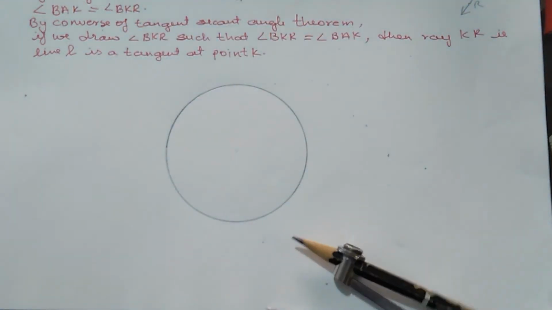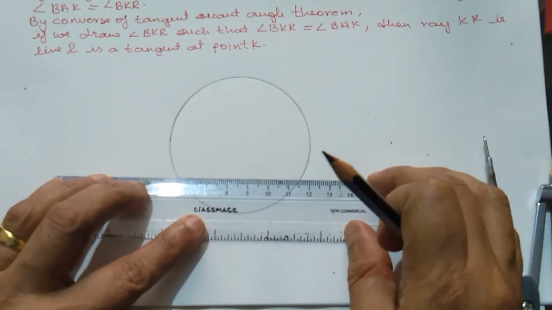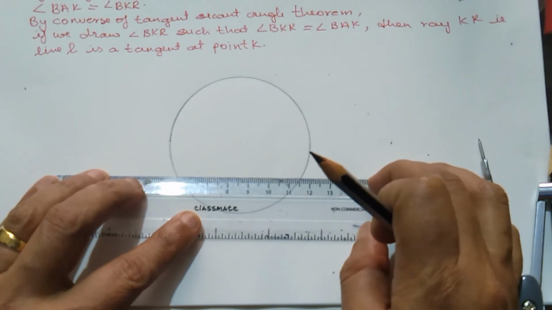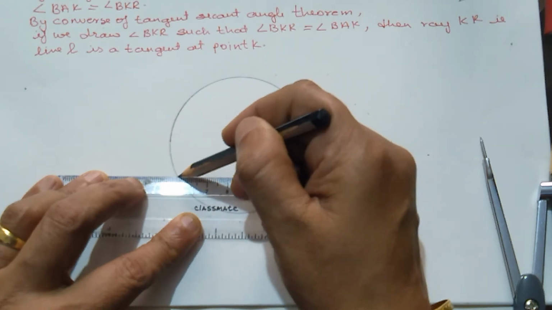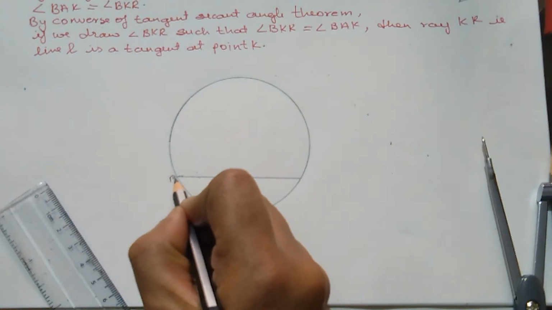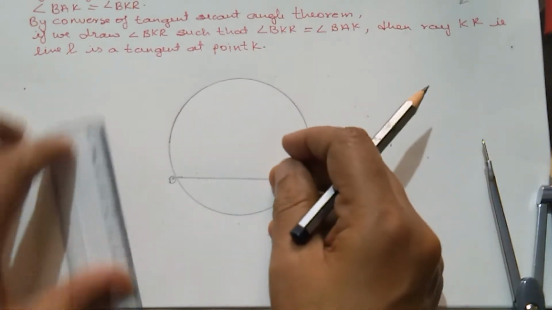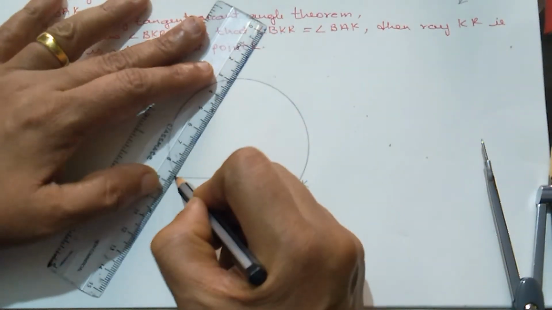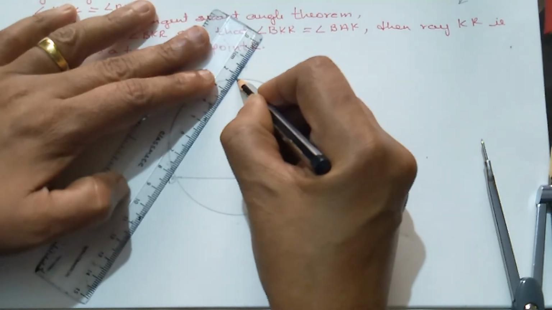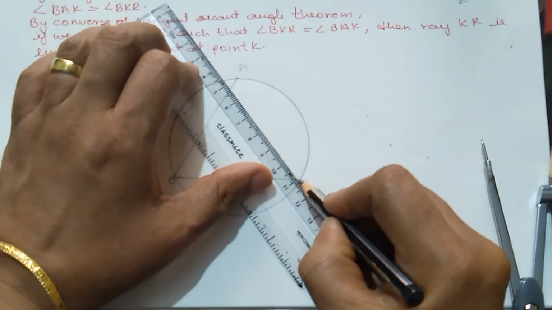Then draw chord BK. Now here the measurement of the chord is not given, so you can draw a chord of any measurement. So draw BK. According to our diagram, BK is a chord. Then draw an inscribed angle BAK. So anywhere you take point A and draw a triangle or inscribed angle BAK.